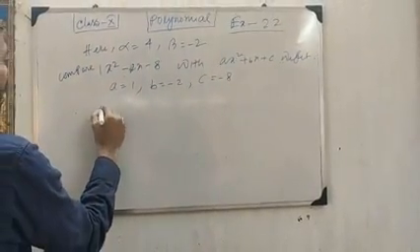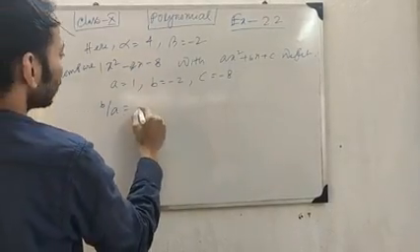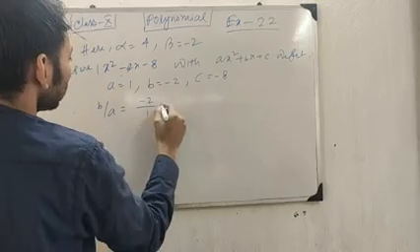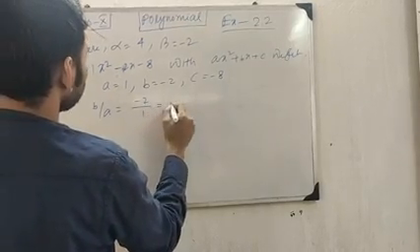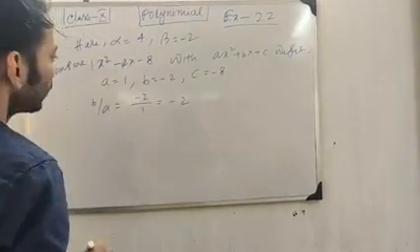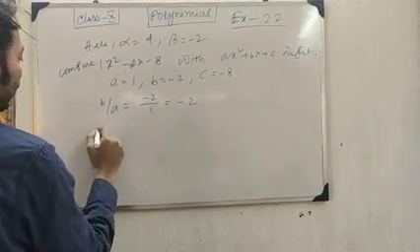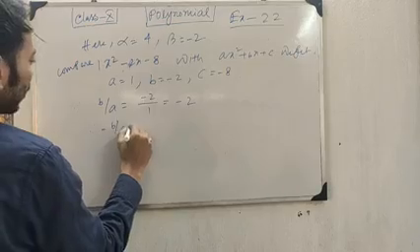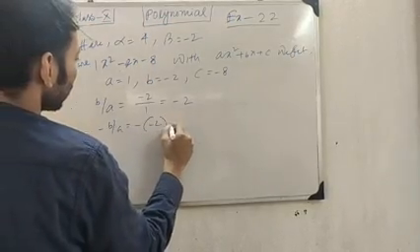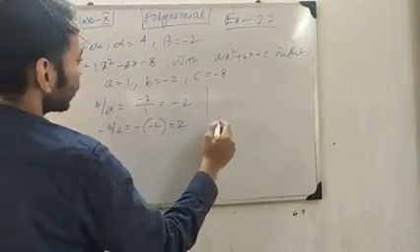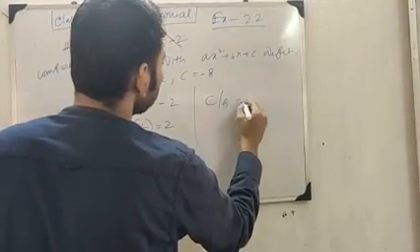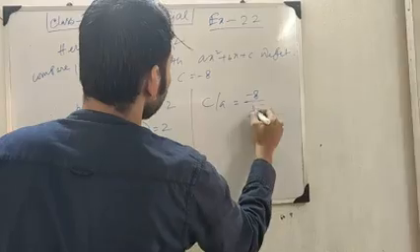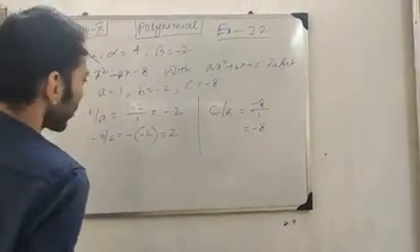Therefore b by a equals minus 2 by 1, equals minus 2. Therefore minus b by a equals minus of minus 2, equal to 2. Also c by a equals minus 8 by 1, equals minus 8.